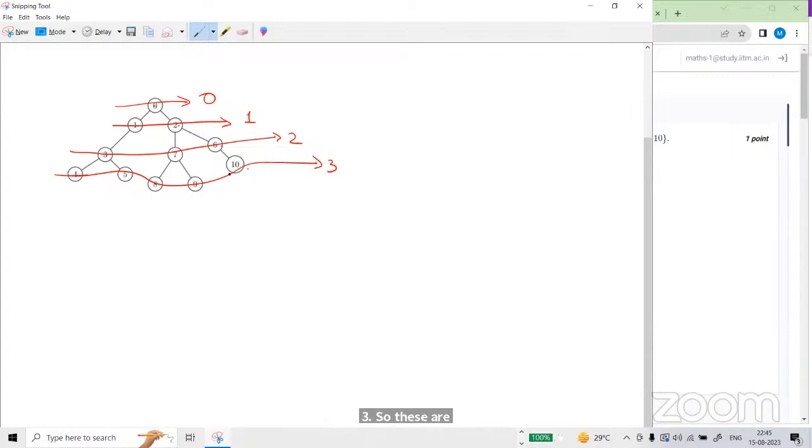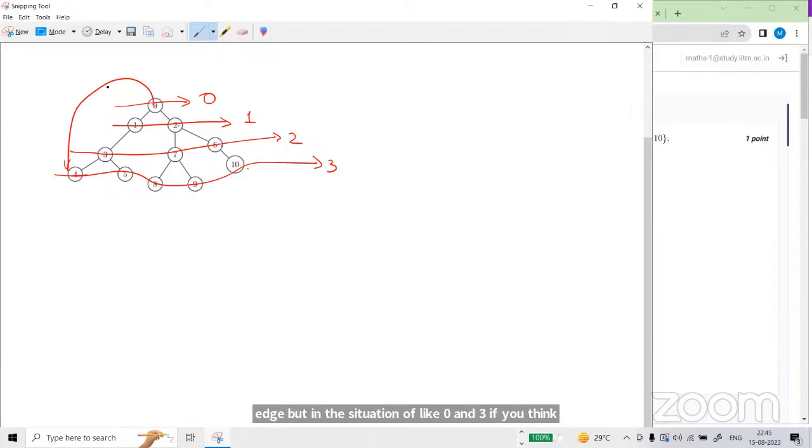Now if you count the edges with respect to that, there is a possibility that between level 1 and level 2 there could be an edge. But in the situation of 0 and 3, or 0 and 4, there is no edge, because if you do the level difference, 3 minus 0 is going to be 3.